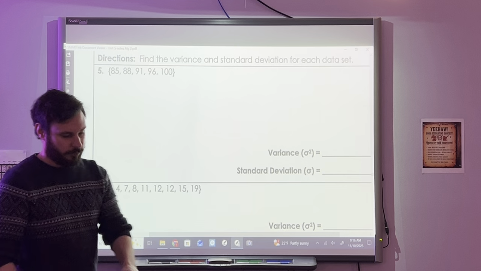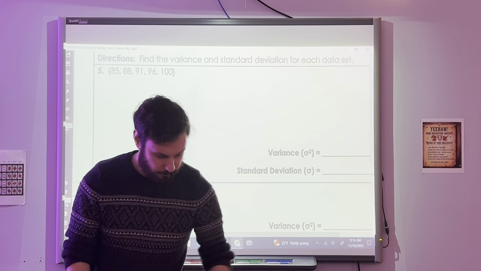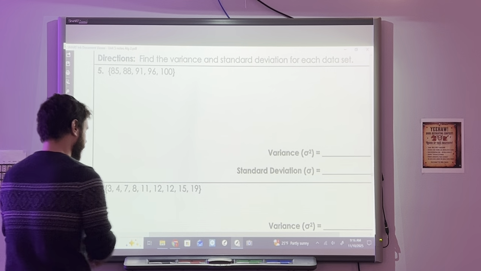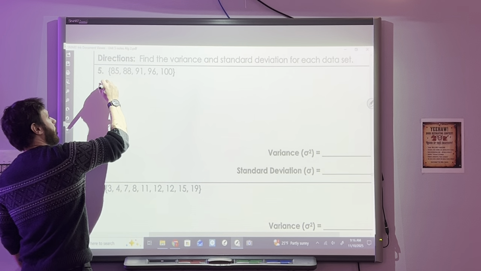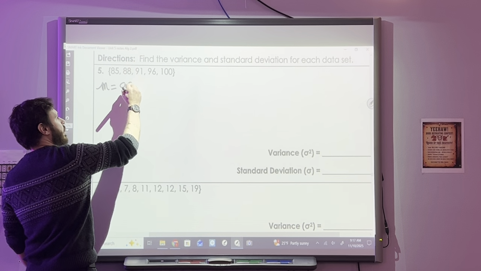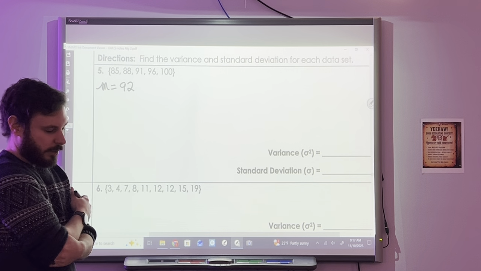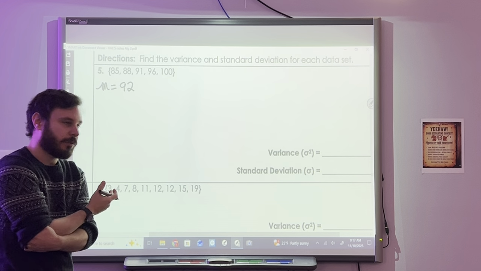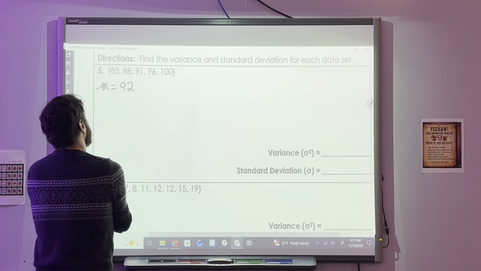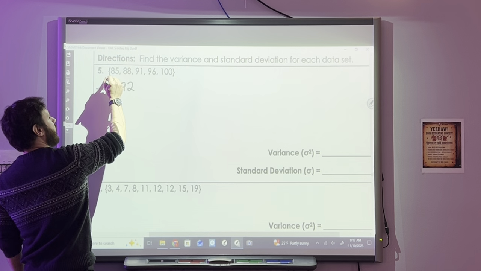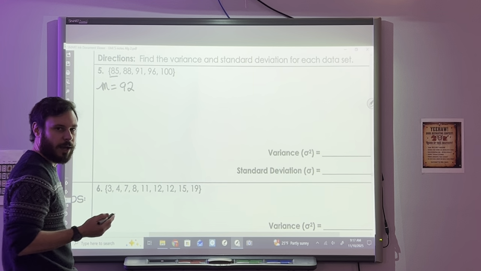All right, we begin. We need to find the mean first. The mean of this set is 92. Now, I'm going to talk about the distance again, the similar thing that we just did. I want to figure out what distance 92 is from 85.